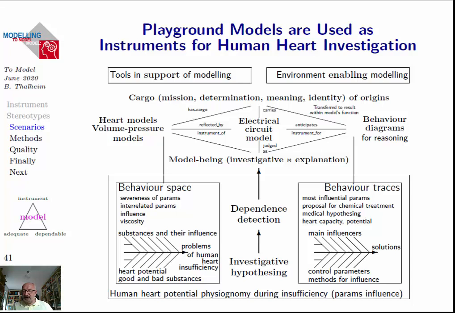That means we have some hypothesis and we would like to detect the dependencies. Our scenario is based on the behavior space, is hoping for behavior traces, and we would like to know what is the reason for which kind of behavior based on this modeling mold we are using here.